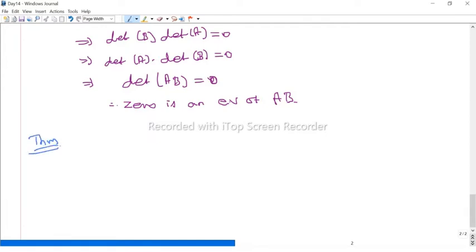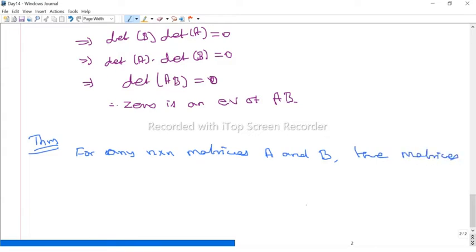The theorem says, suppose we have two matrices A and B. For any n by n matrices A and B, the product matrices AB and BA have the same eigenvalues. In general, AB is not equal to BA. In matrices, AB need not be equal to BA.